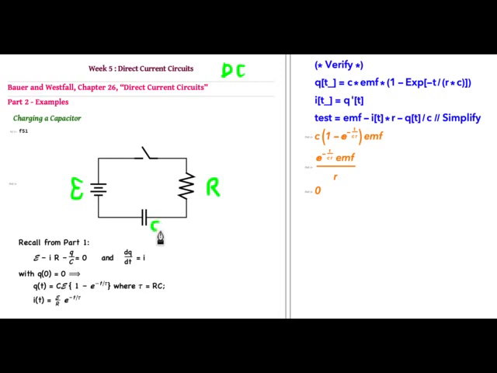It will have a capacitance C. So when we close the switch, current will flow. The current flows away from the positive terminal of the battery and into the negative terminal of the battery through the resistor, and then it will accumulate charge on the capacitor.